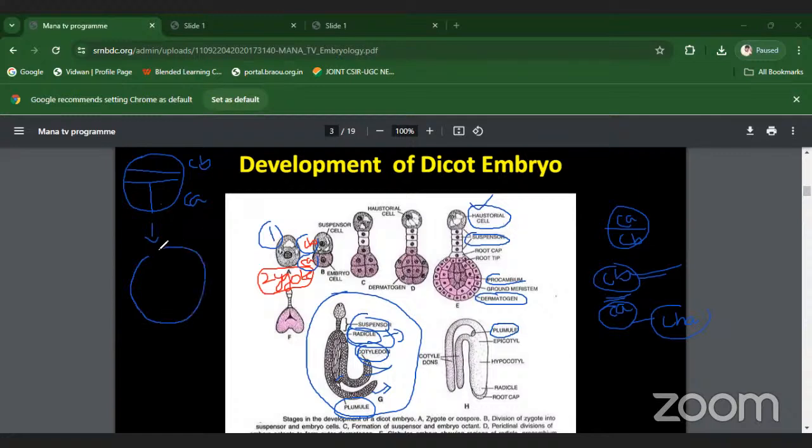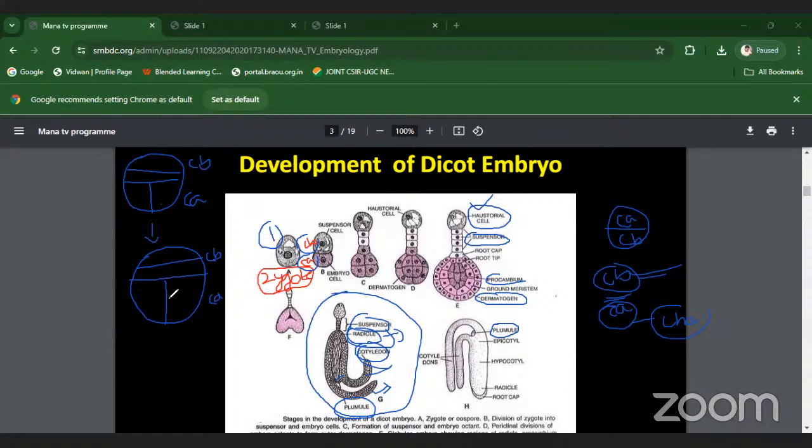In the next diagram, the transverse division and the vertical division are already done. How many cells are present? In CA, two cells, and CB also two cells, right?